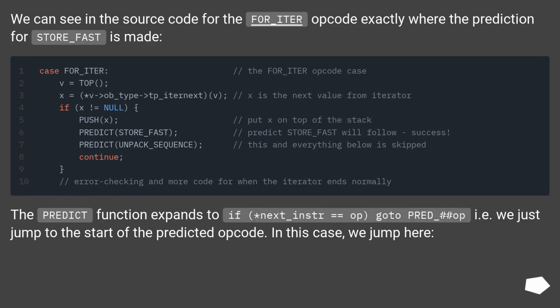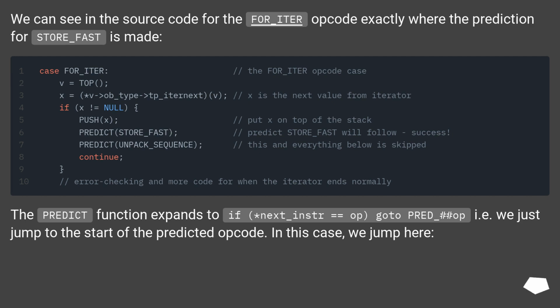We can see in the source code for the FOR_ITER opcode exactly where the prediction for STORE_FAST is made. The PREDICT function expands to if next_instr == op, goto PRED_##op, i.e. we just jumped to the start of the predicted opcode.